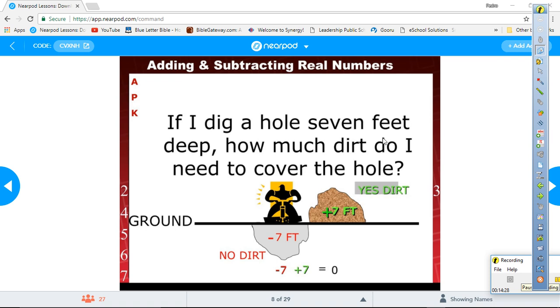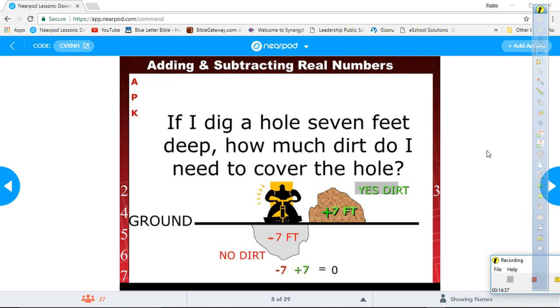On your screen, I put a quick review of what we saw in regards to the additive inverse property. You guys see that? I did the introduction and the animation using that slide where I showed you how to represent the additive inverse property using the ground zero. That's what we call the ground zero, right? That's one of the ways that we're going to use in adding and subtracting real numbers, okay?